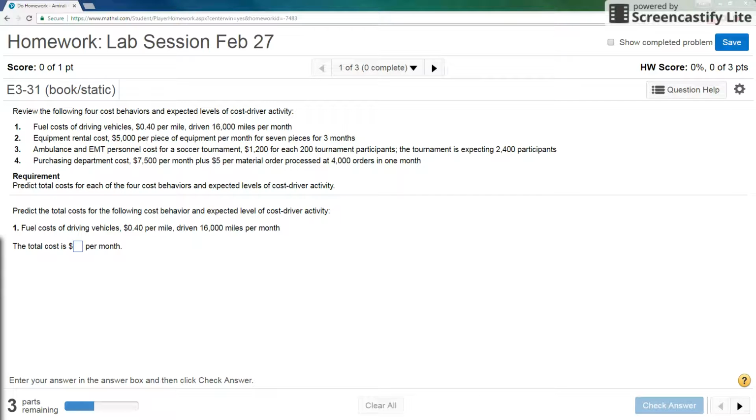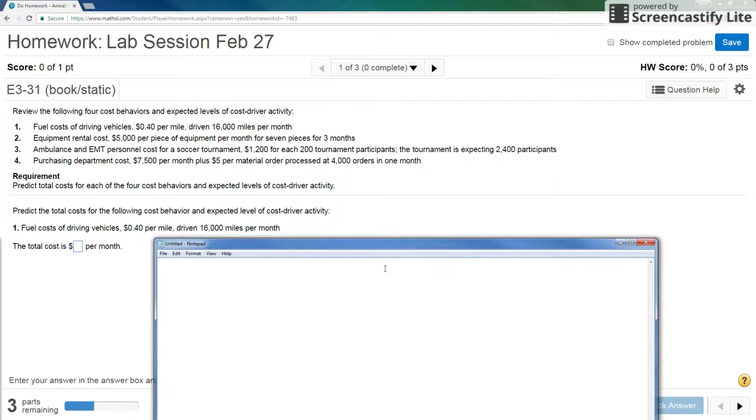So for example, the first one, it says we have to calculate the fuel cost of driving vehicles. It will pay 40 cents per mile and we are driven 16,000 miles per month. So now this time it's 40 cents per mile multiplied by 16,000 miles per month.